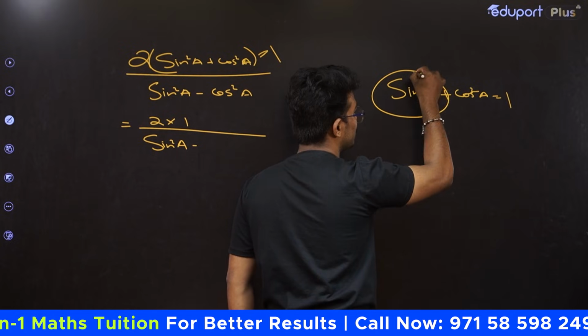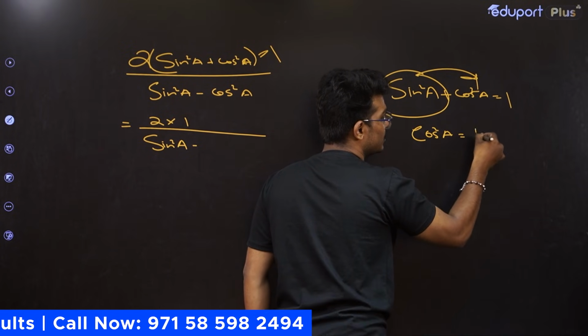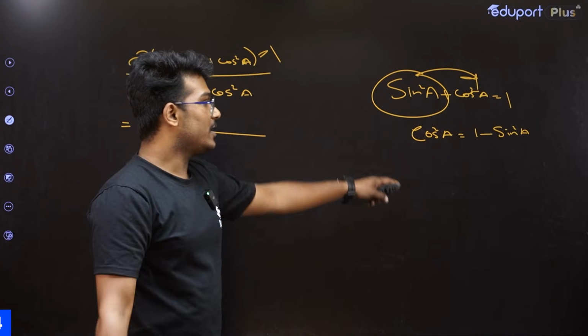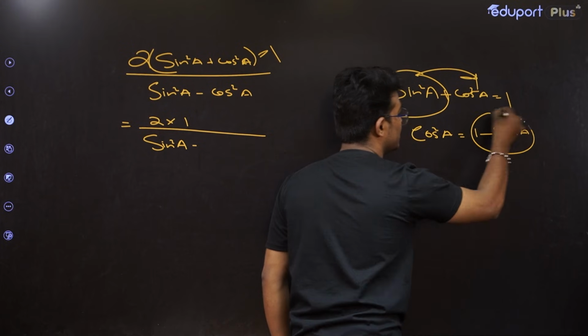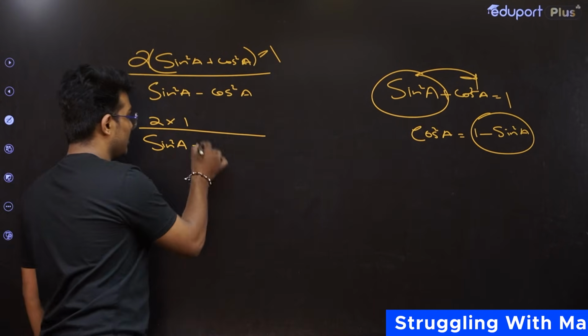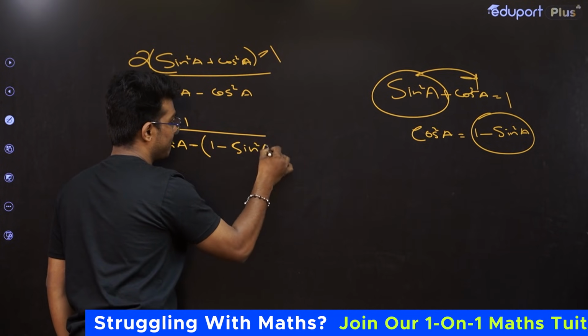Taking the sin square A to the right side, cos square A is equal to 1 minus sin square A. So I put the value 1 minus sin square A in the place of cos square A. So it will be minus 1 minus sin square A.